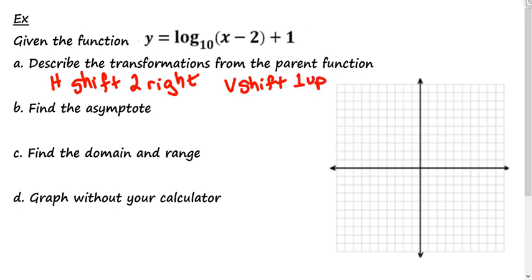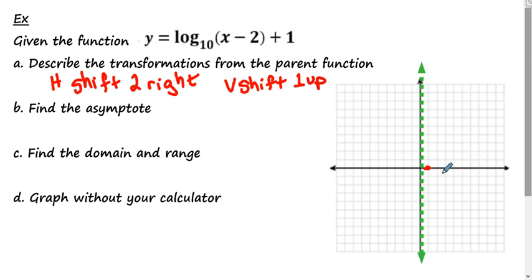So what I'm going to do is tentatively draw my parent function in. We automatically have that vertical asymptote, and then we also have that x-intercept of (1, 0). And then it kind of does this.